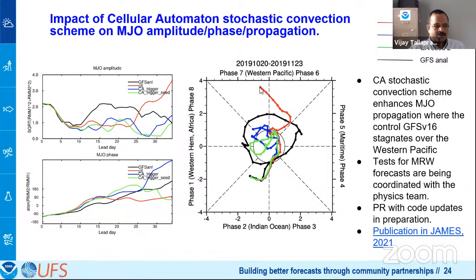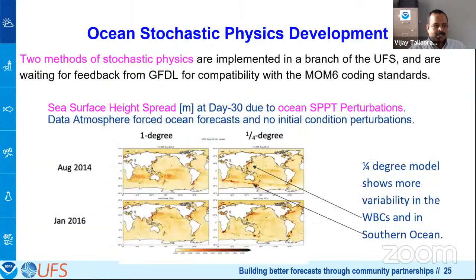The GFS control is having no such stochastic perturbations for the physics. That shows a kind of a stagnated MJO, whereas the other schemes that we used here have accurately captured the propagation of MJO more nicely. This is something that the UFS R2O project has supported.